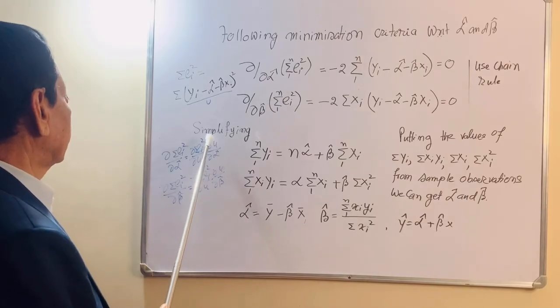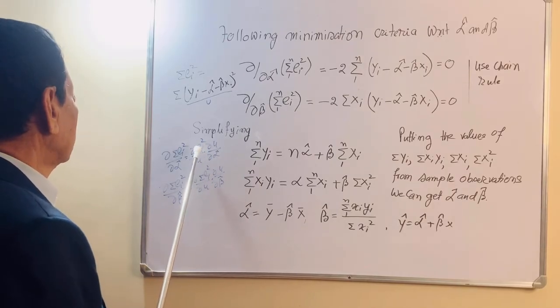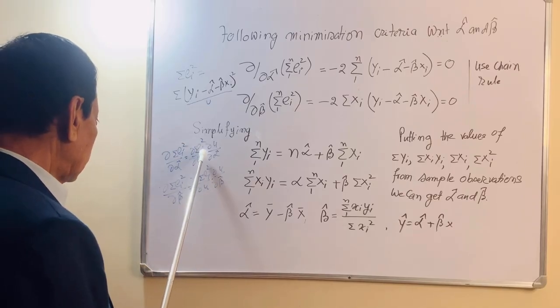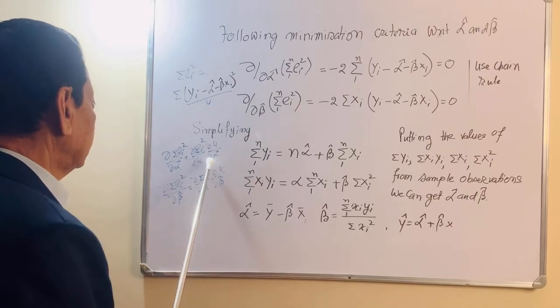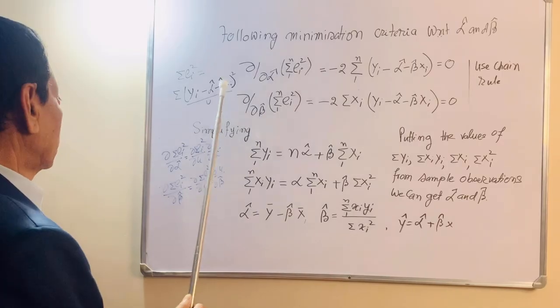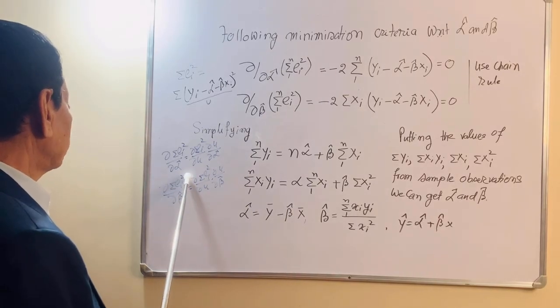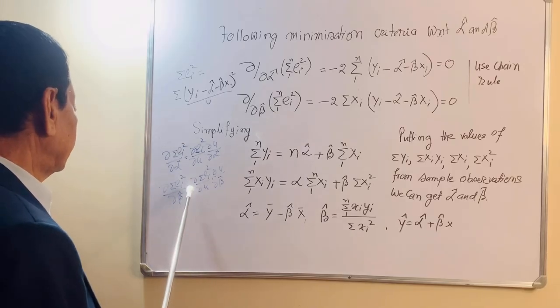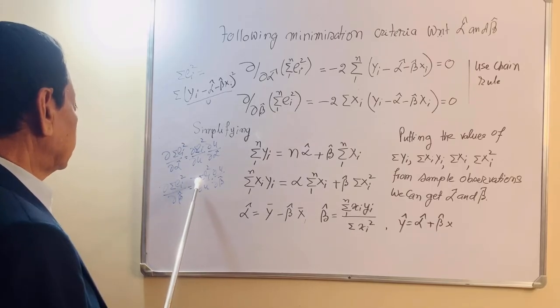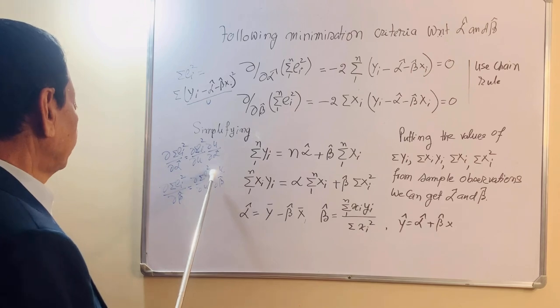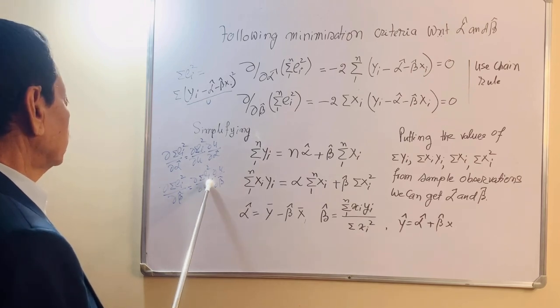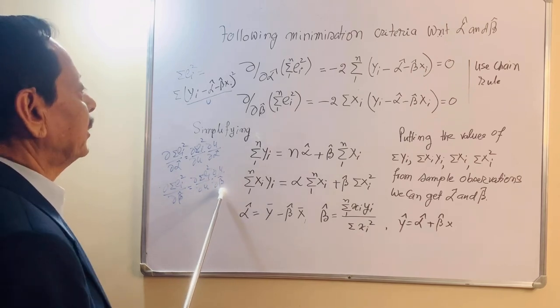So this will be cancelled. Similarly, with respect to beta hat, delta summation ei square by delta beta hat is equal to delta summation ei square by delta u into delta u by delta beta hat.